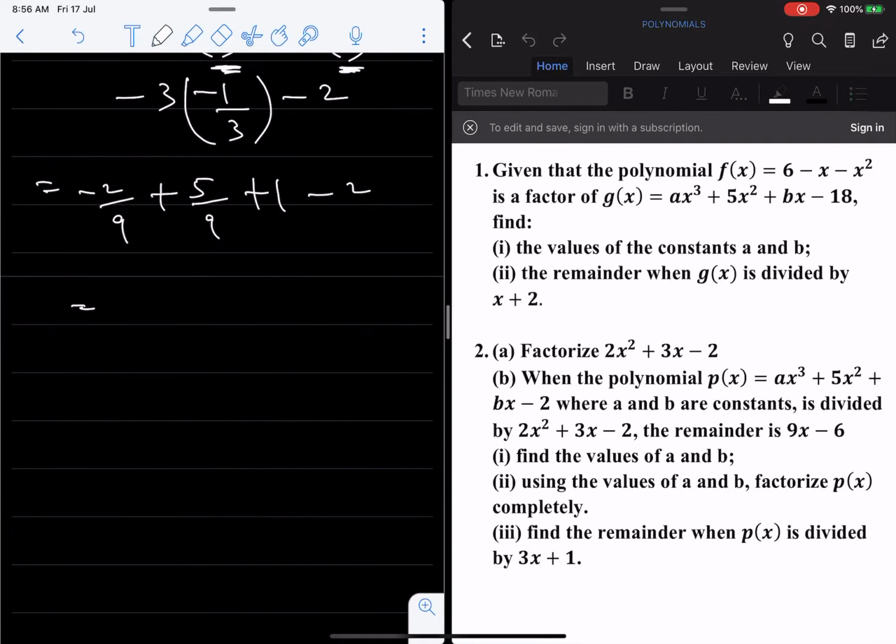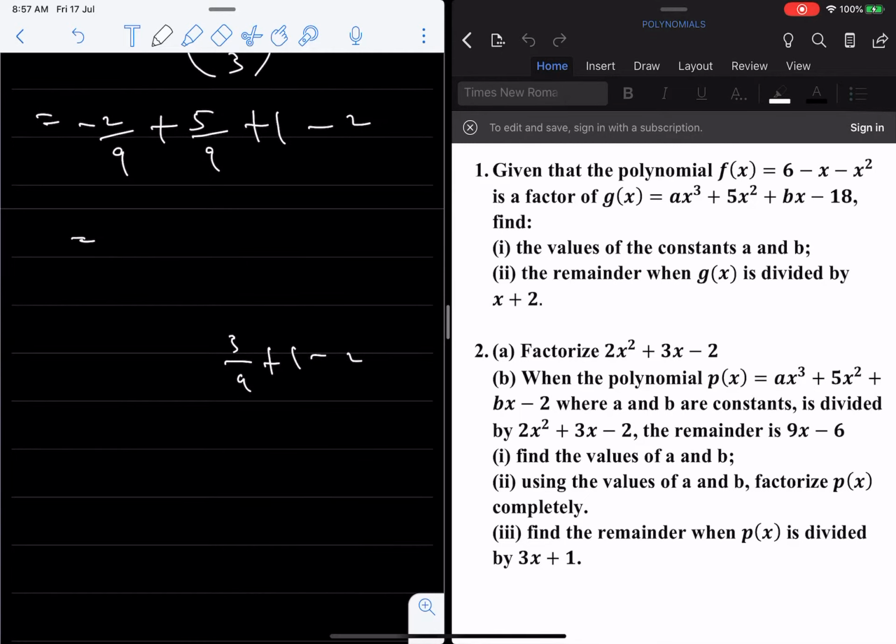And that simply means minus 2 over 9 plus 5 over 9 is 3 over 9, plus 1, minus 2.